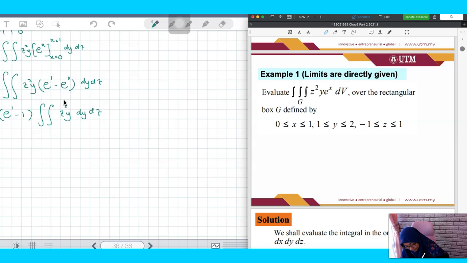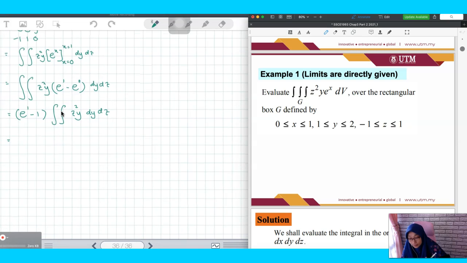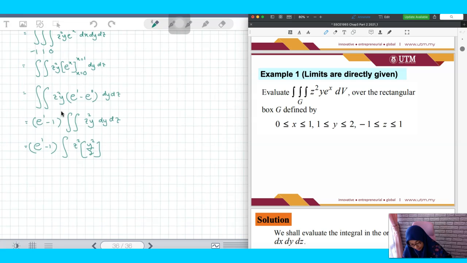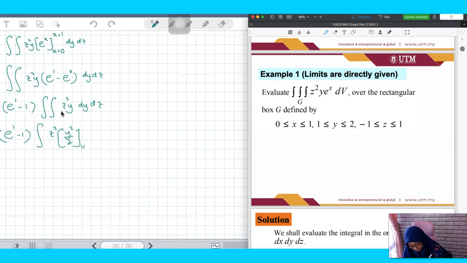Next we integrate with respect to y. z here is constant, so e minus 1 stays outside. Now integrate with respect to y: z squared constant times y squared over 2, and the limit of y is 1 to 2, then dz.